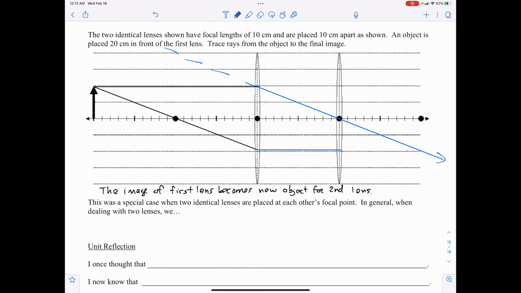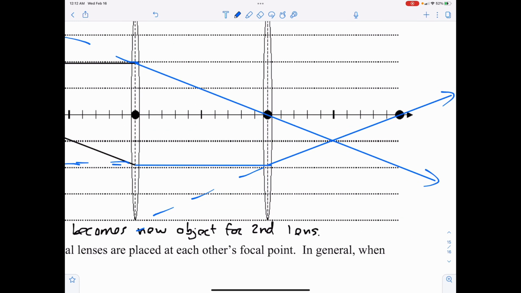You have back rays extended back from this first lens, but it's also going to refract through this point over here. You've got that back ray extension right there too. And you can see where the image is going to be formed. The image is going to be formed where those two refracting rays will meet.